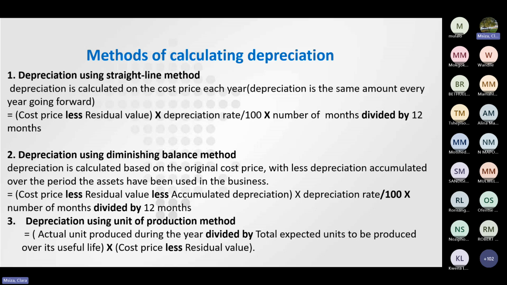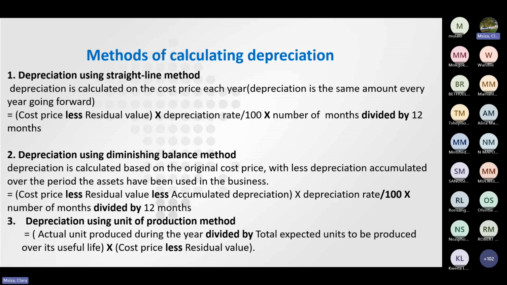So, depreciation using the straight line method is calculated on the cost price every year. We will give you the percentage, which we call the depreciation rate, that you need to use to depreciate the asset. So read carefully. Please know that if we did not give you a residual value, it means there is no residual value.